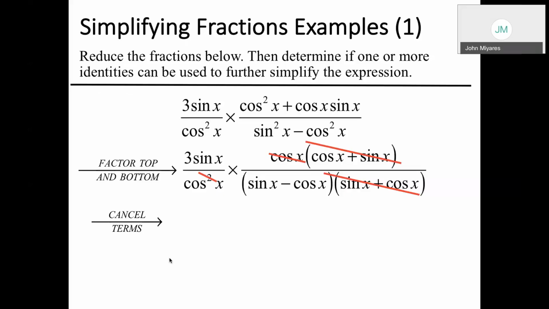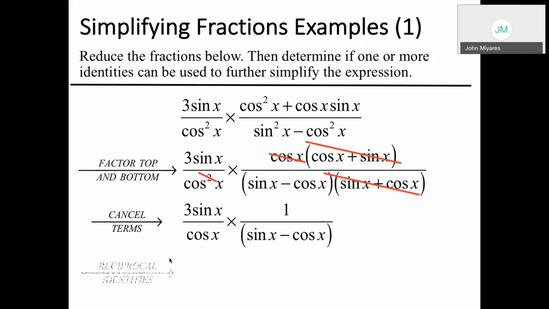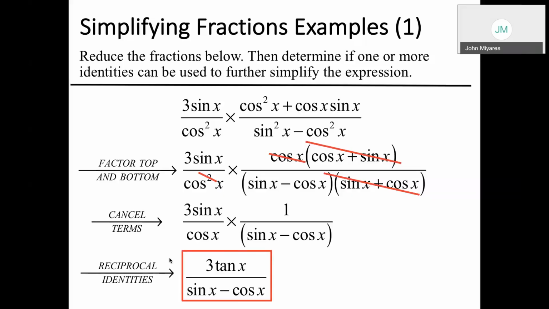That should leave you with 3 sine x over cosine x times 1 over sine x minus cosine x. The last thing we might do is apply the reciprocal identity to get 3 sine x over cosine x turned into 3 tangent x and combine that back into a single fraction, 3 tangent x over sine x minus cosine x, as my final answer.